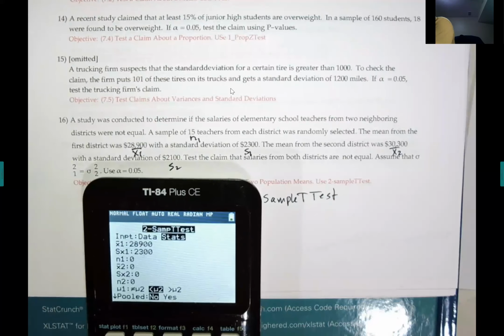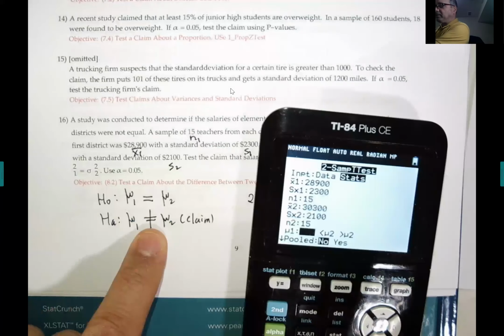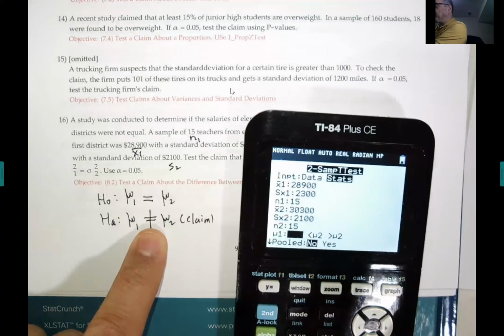N1, he says 15 in each. X2 bar, 30,300. S2, 2,100. N2 is 15. And you guys should agree with me that we should be not equal here because that's the sign in the alternative hypothesis. Just follow the sign in the alternative hypothesis.